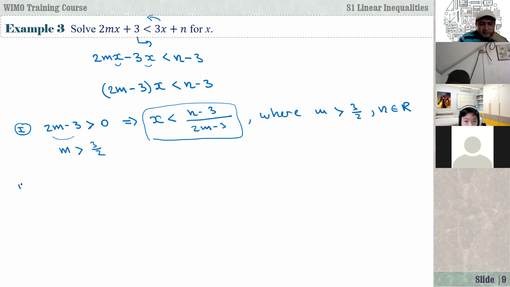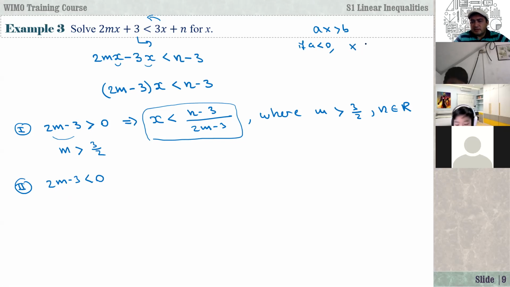And how about the second case? The second case is, what if 2m minus 3 is less than 0, right? If you remember, if we have ax is greater than b, and a is negative, when you divide both sides by a, the inequality sign changes. So if 2m minus 3 is less than 0, I should divide both sides by 2m minus 3.